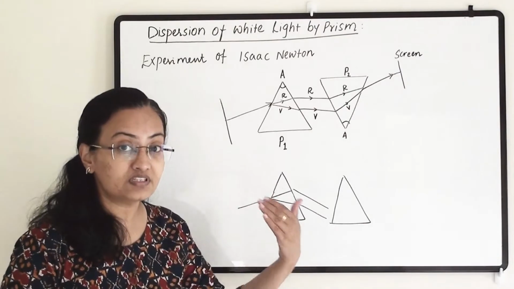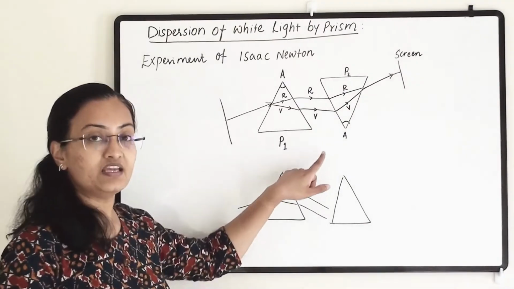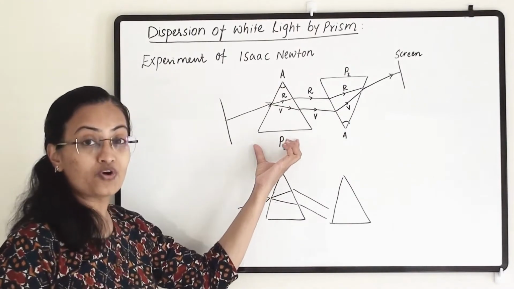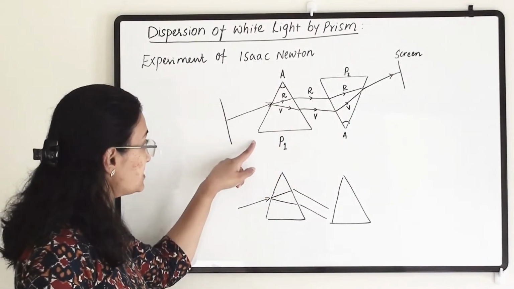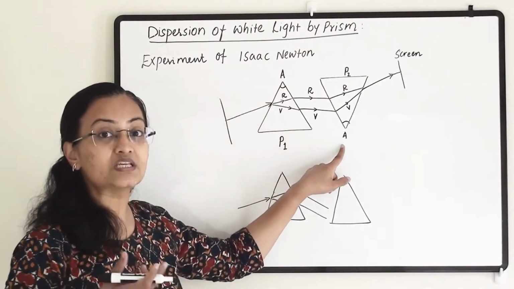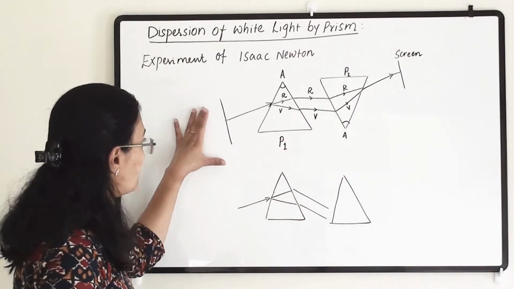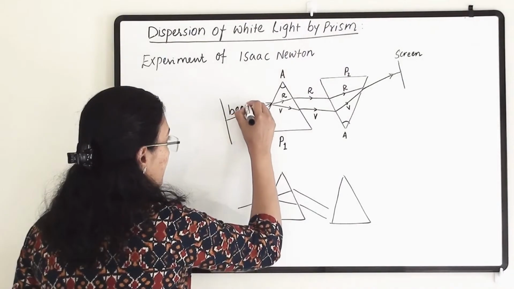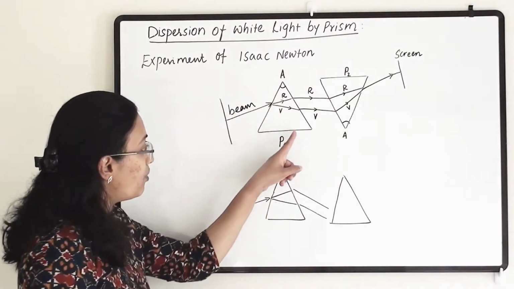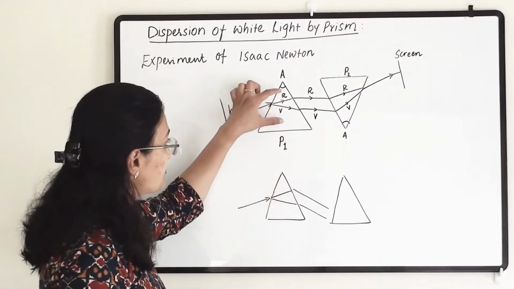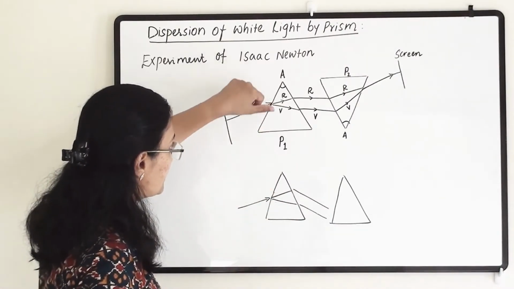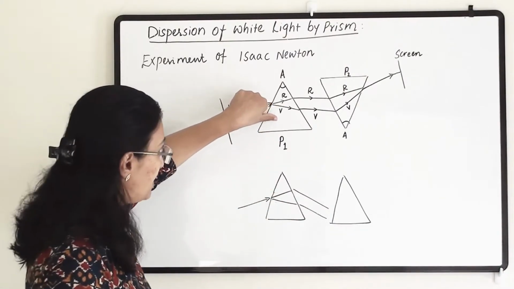And after that, in a second try, he placed a prism upside down. So the first prism was upright like this, and the other prism was inverted. So whatever white light or light beam was falling on the first prism was splitting into 7 different colors, starting from red till the last one, violet.